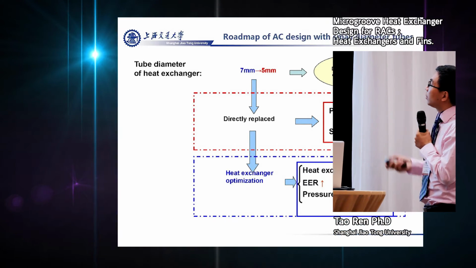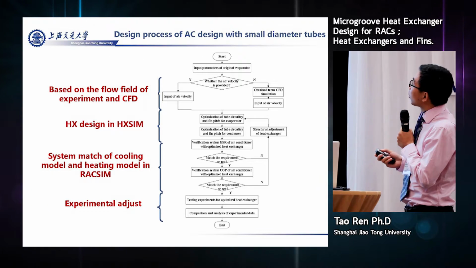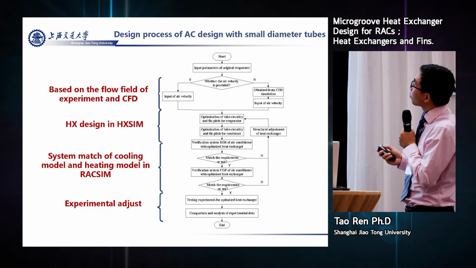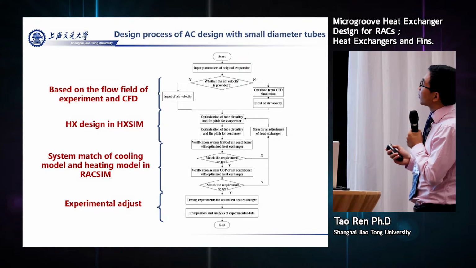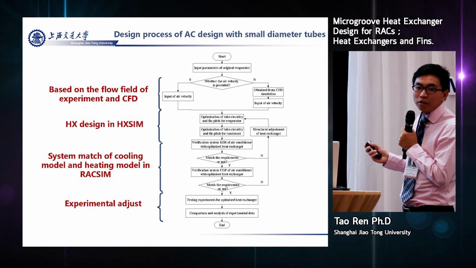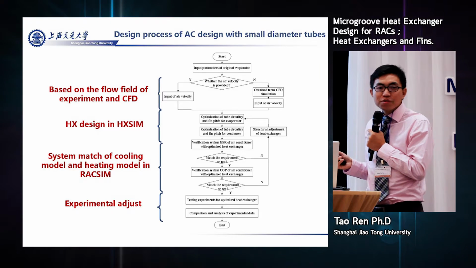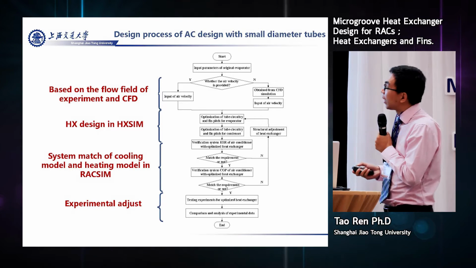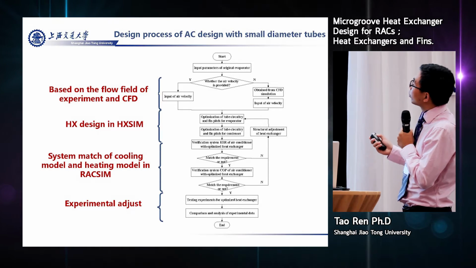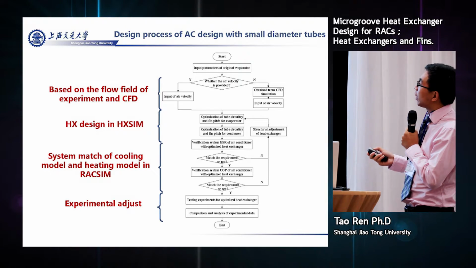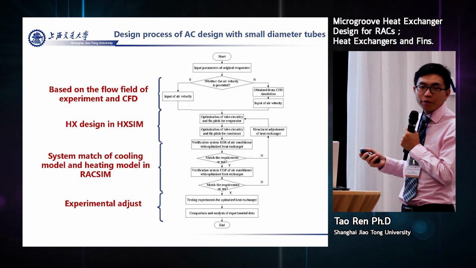And this is our roadmap. Number one, we get the air velocity profile through the heat exchanger by CFD or by experimental test, no matter how you get it. Second, we use this velocity as our input to do the heat exchanger design in our software.